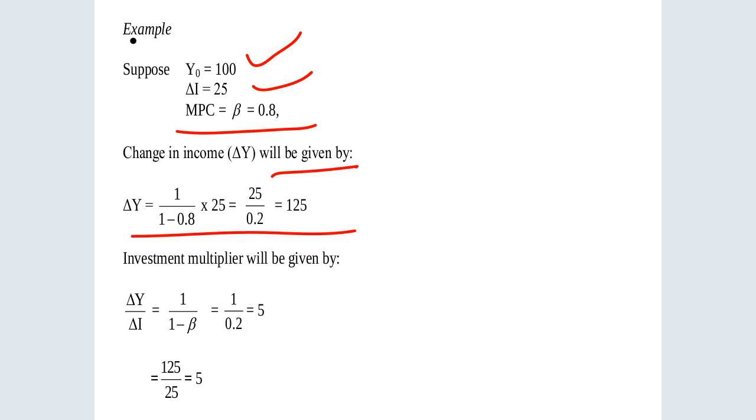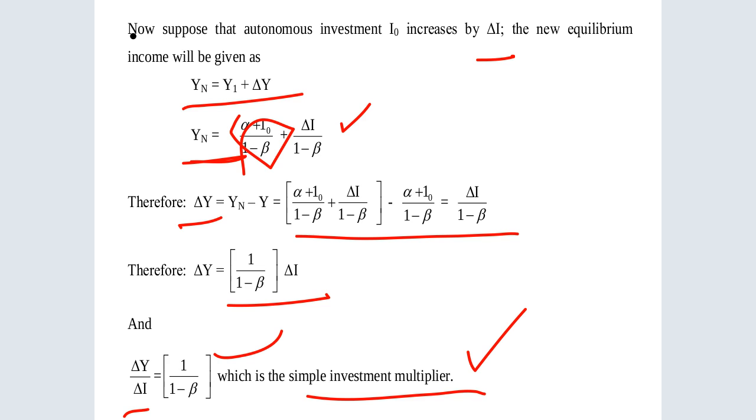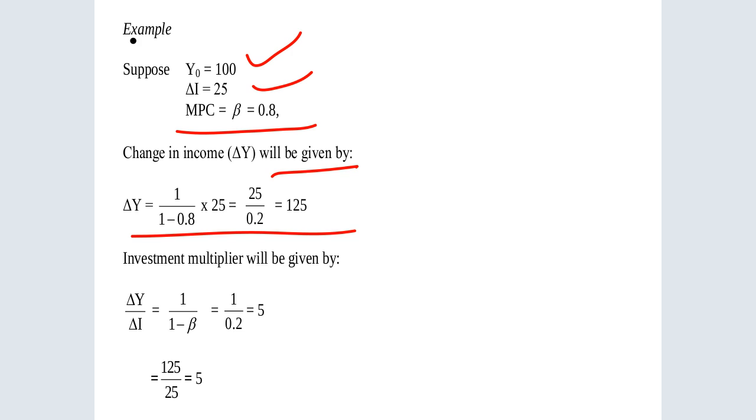So the change in income from the previous part, you can see, is given as 1 over 1 minus beta times the change in investment. That is what we have here, this part here. So our change in income will be 125.